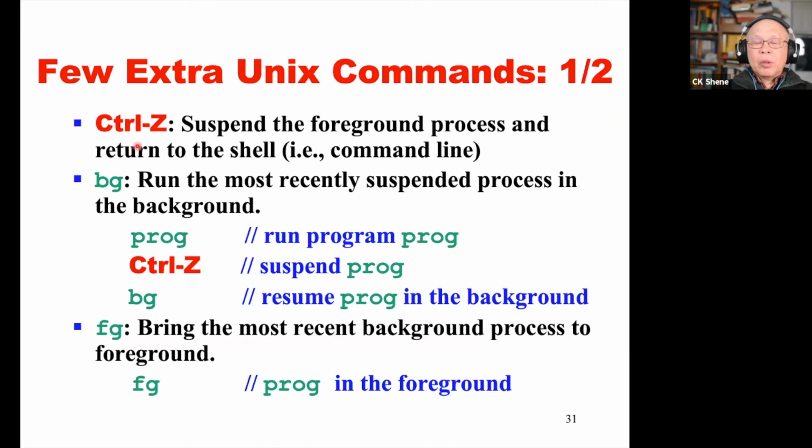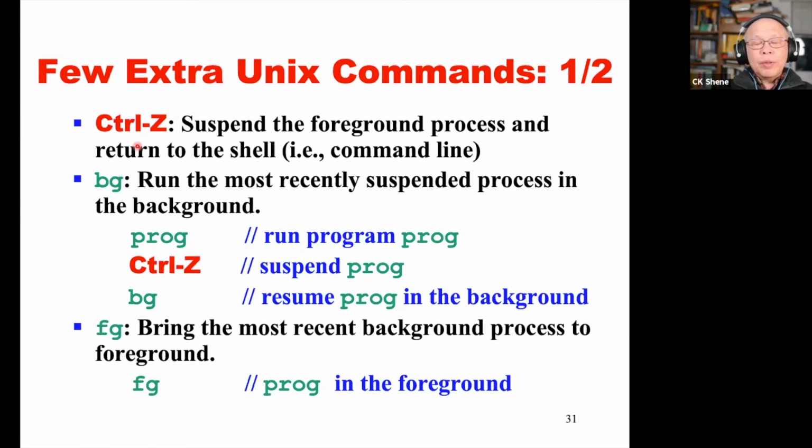Remember, when we type a.out, a.out would run in the foreground. Once a program is running in the foreground, you lose your keyboard to type any command line because the keyboard is associated with the stdin of the foreground program.